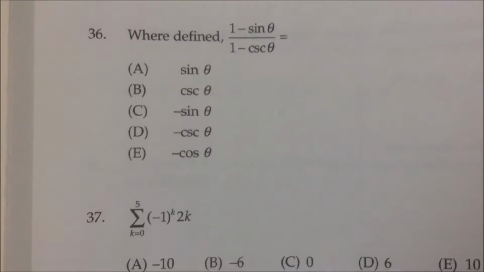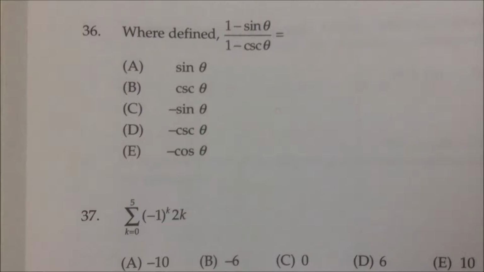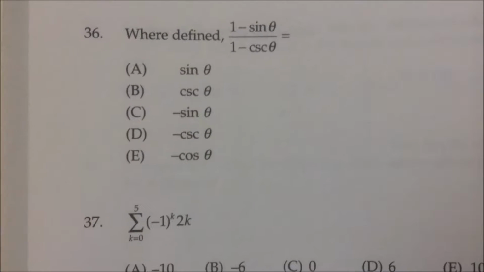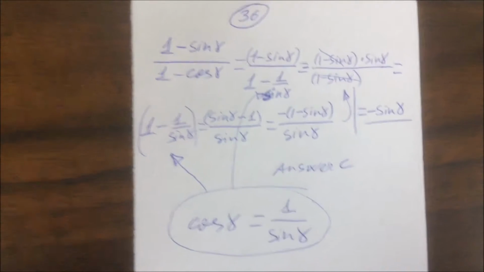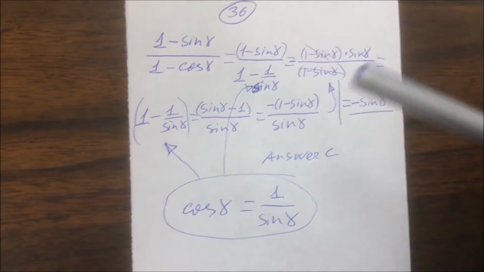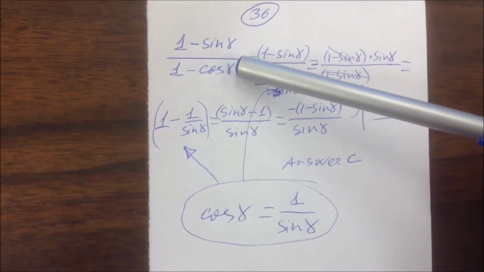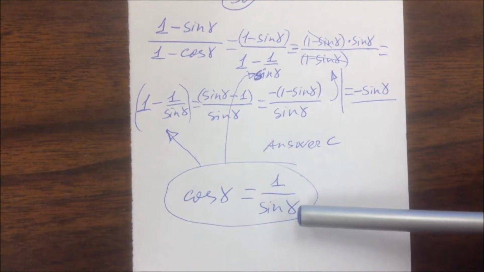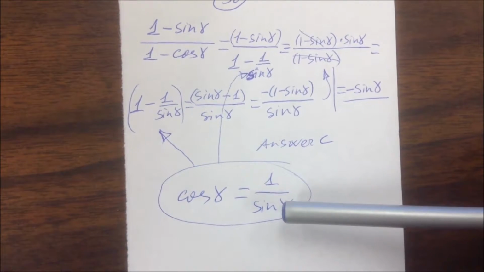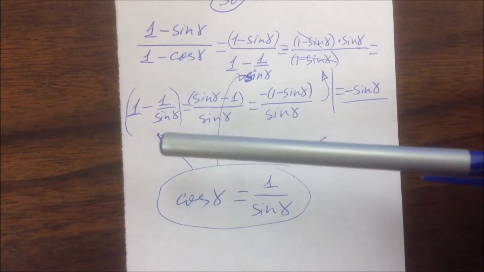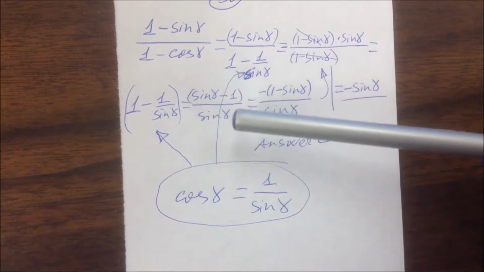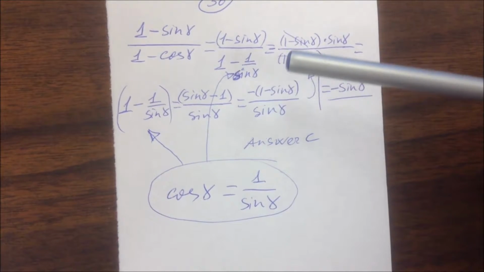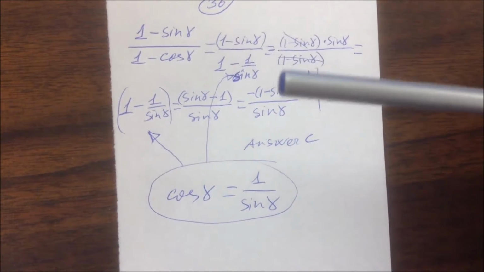Task number 36. You have an equation, you simply need to rewrite it and get the answer. So I find out that cosine of the angle you can rewrite like 1 divided by sine of the same angle. Afterwards I rewrite and simplify the equation so that it will be similar to the equation in the divider.